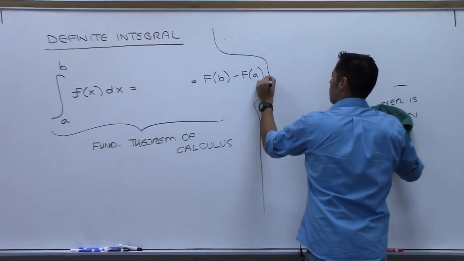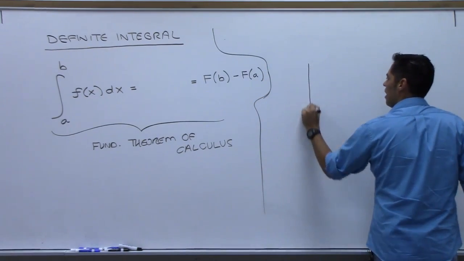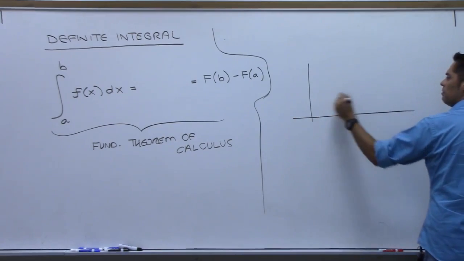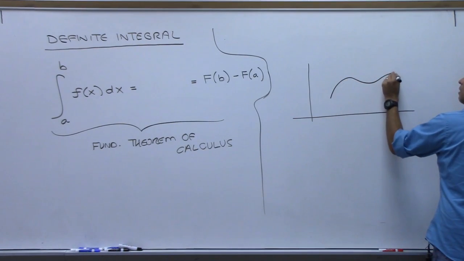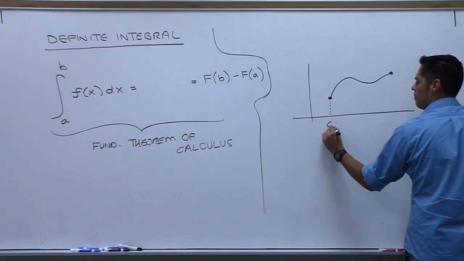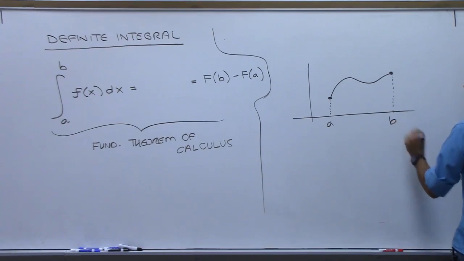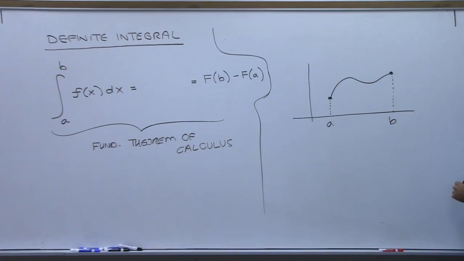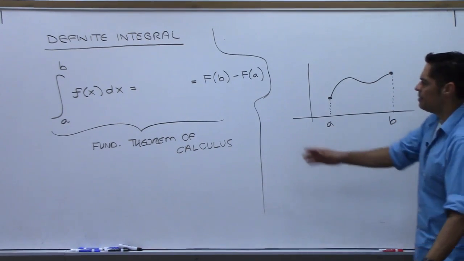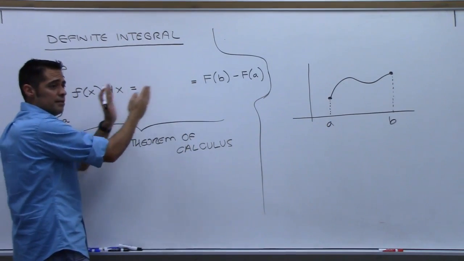So what this means geometrically is that if you take some function, and you start at a left endpoint of A and end at a right endpoint of B, by finding the antiderivative, so you still, look, we can't get away from the fact that you have to find the antiderivative.